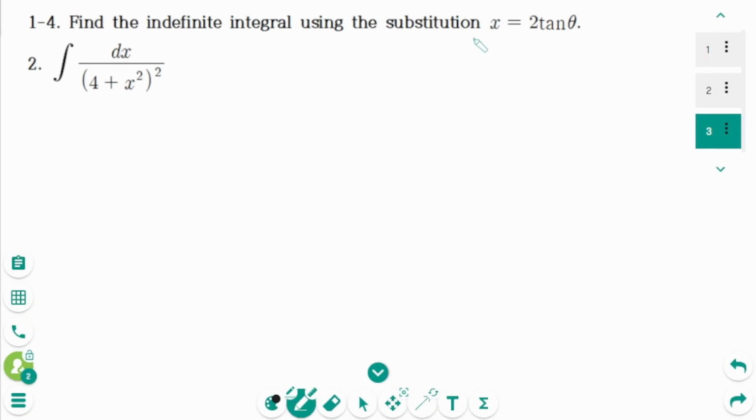Question 2. x equals 2 tangent theta, derive on each side. dx equals 2 secant squared theta d theta, and 4 plus x squared equals 4 plus 4 tangent squared theta.